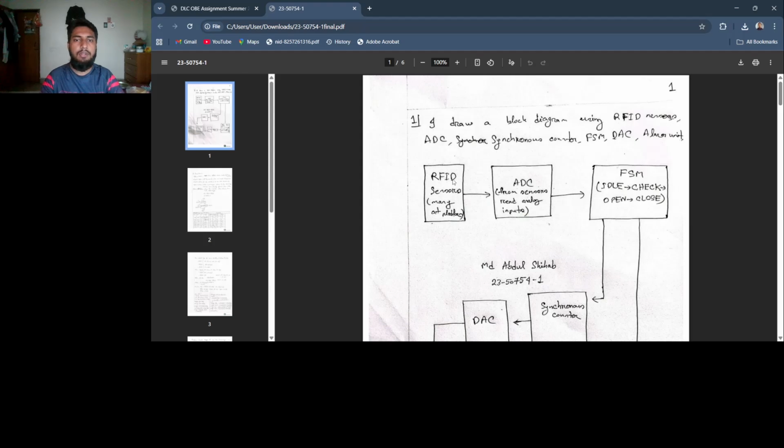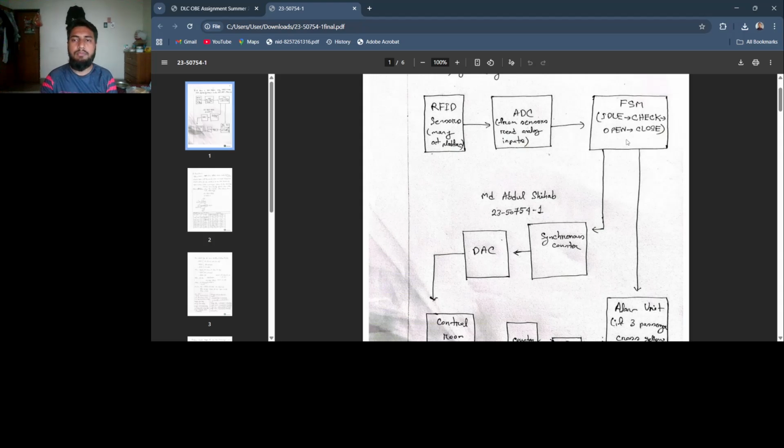First of all, the RFID sensor, then it goes to the ADC, the analog to digital converter. It works when the sensor detects. Then it goes to the FSM, the idle, check, open and close system.